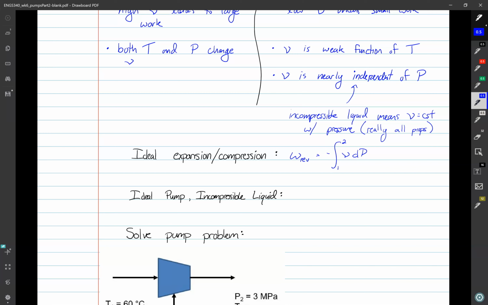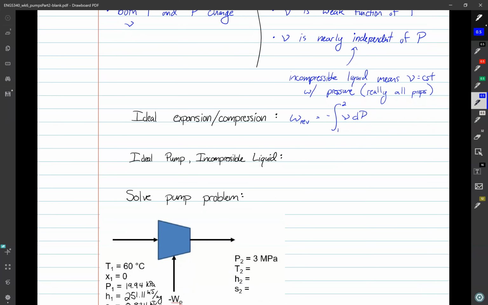It is considered incompressible. Now, liquids are not exactly incompressible. When you press on them, they do change properties, but only a little bit. So to a first approximation, we can often consider that they are incompressible, and we'll do that a little bit here. If we imagine what's happening to this top equation, if we have an incompressible liquid, the specific volume is constant.